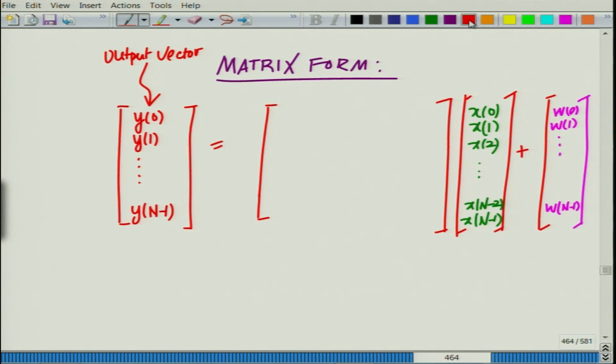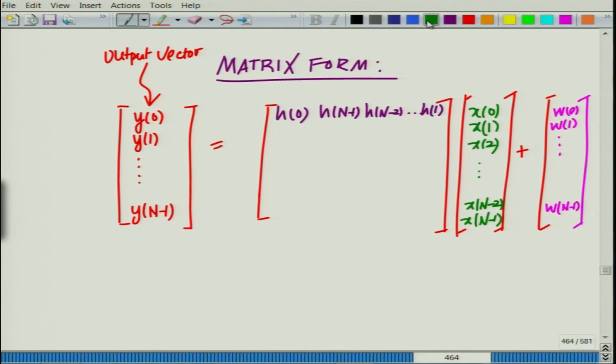And if you look at this matrix, this is going to be something very interesting. The first row is going to be h0 times x0, hn minus 1 times x1, hn minus 2, and so on. The last entry is going to be h1 times xn minus 1.